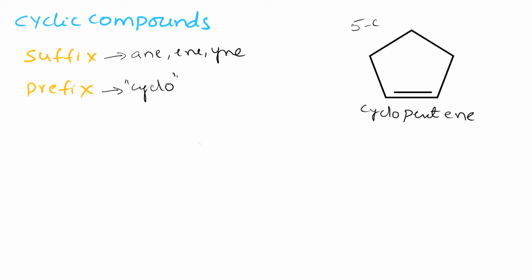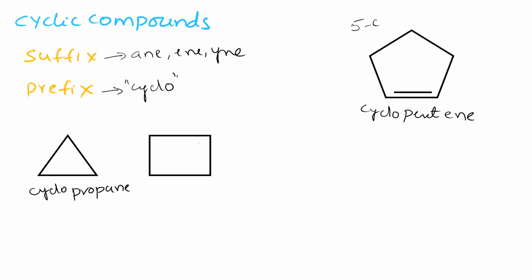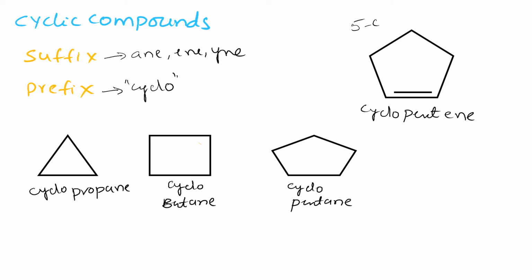Coming to the next one, three carbons are there, hence it is cyclopropane. Here four are there, hence cyclobutane. Here five are there, hence cyclopentane, because pent stands for five.